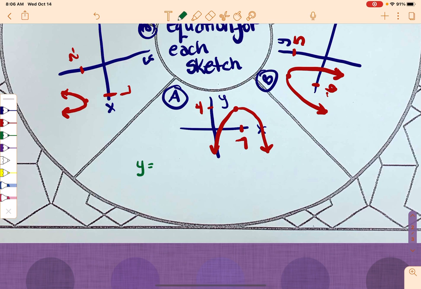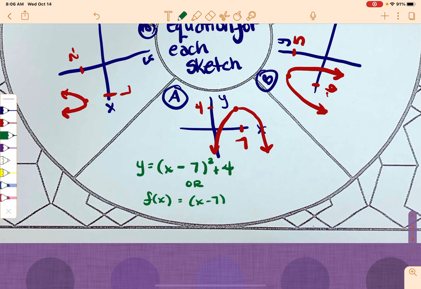So if it's +4, that means in the end it's going to be +4. Now, because I can tell there's a shift on the x, I know there's got to be an x in parentheses. And if it's positive 7 in here, I got to think of the opposite. So negative 7. So I'm going to write minus 7. So it could be this, or I could write it as a function and write it as that.